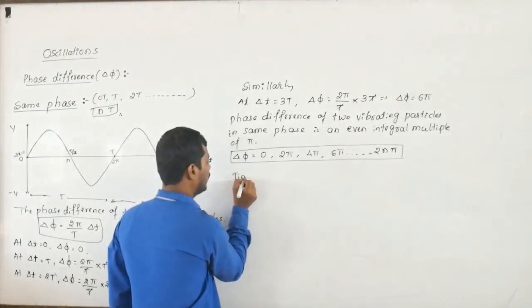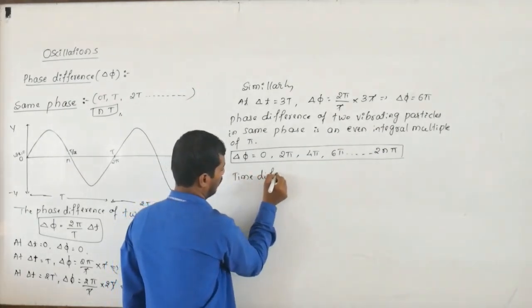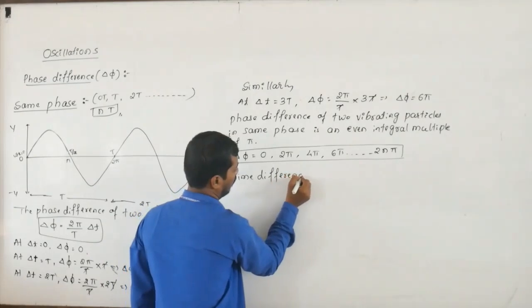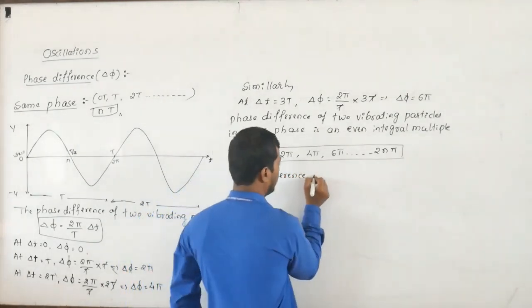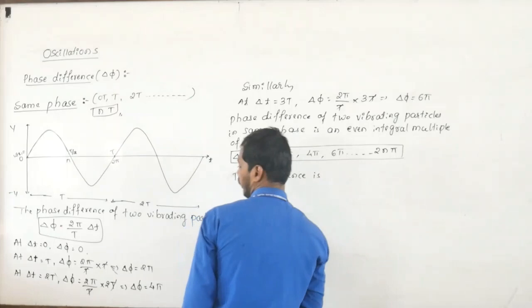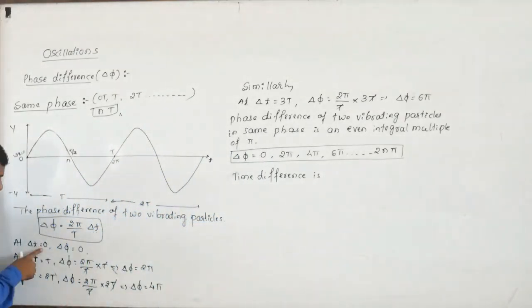The time difference is whatever: 0, 1t, 2t, 3t, all are there.